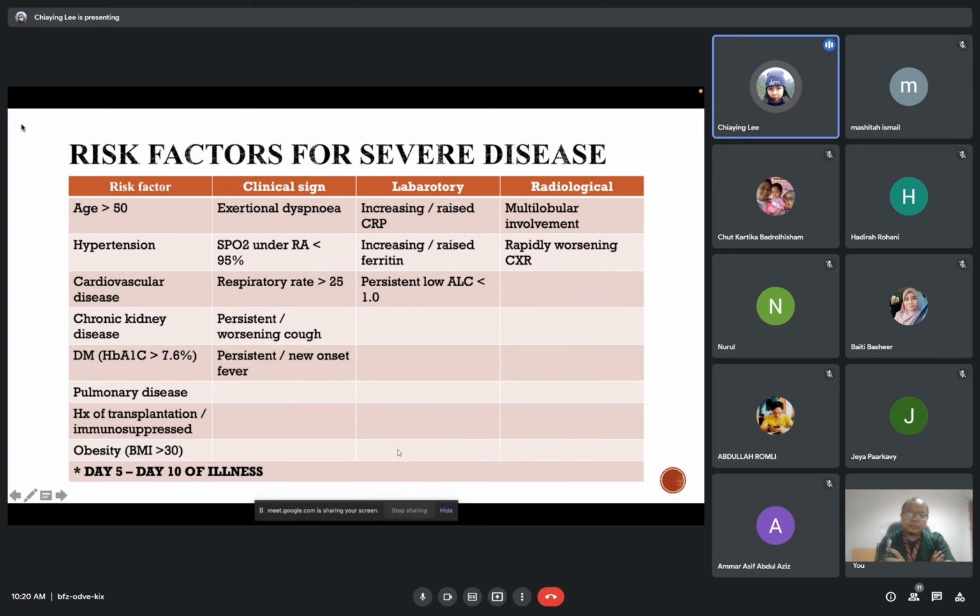In terms of radiological findings, patients who are having multilobular involvement and also rapidly worsening chest X-ray tend to have a poor prognosis as well lah. And this critical phase tends to happen between day 5 to day 10 of the illness.